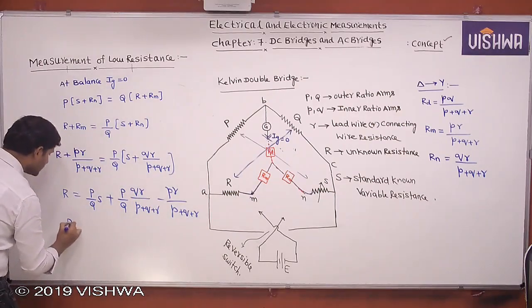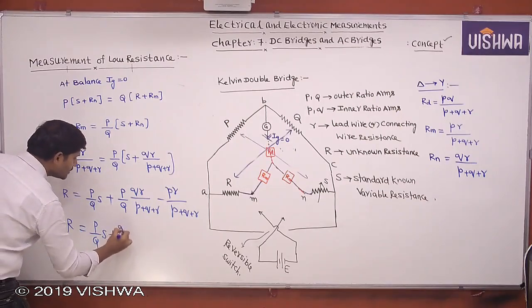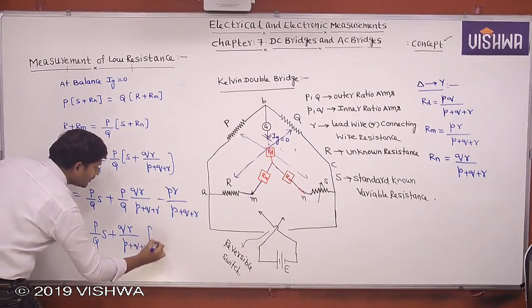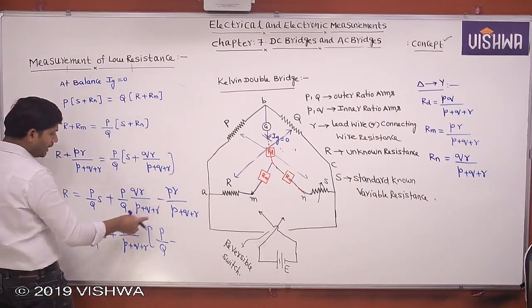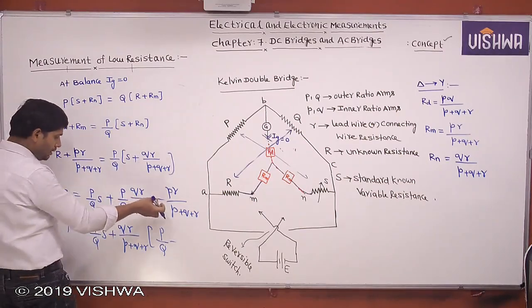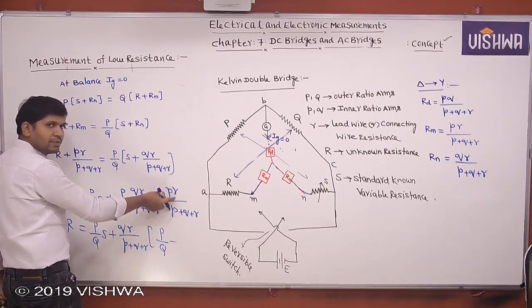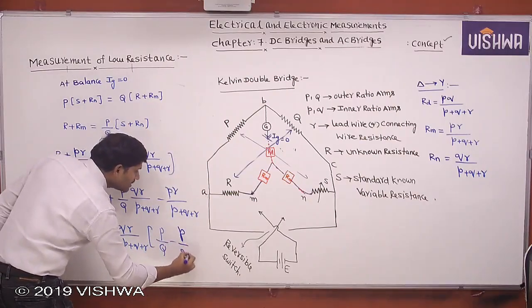Then what is the unknown resistance? R equals P by Q into S plus QR by P plus Q plus R is common. Then what can we get? Capital P by capital Q. Here I am taking QR as common, but QR is not present, PQ is present. If Q is common, then by Q you get small p by small q.